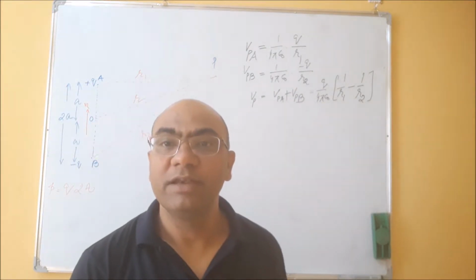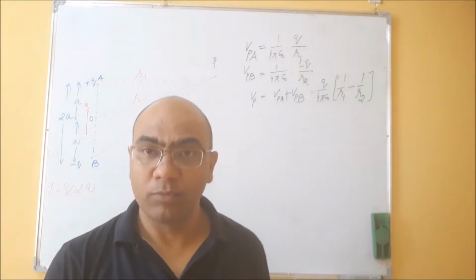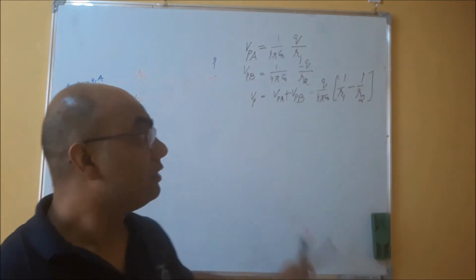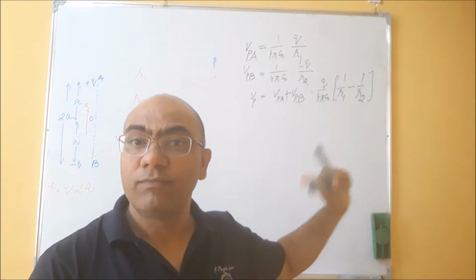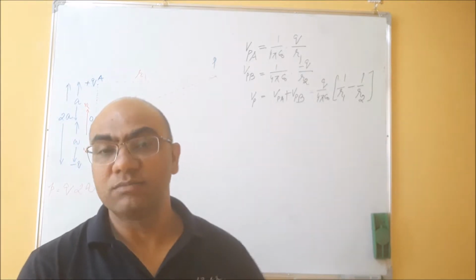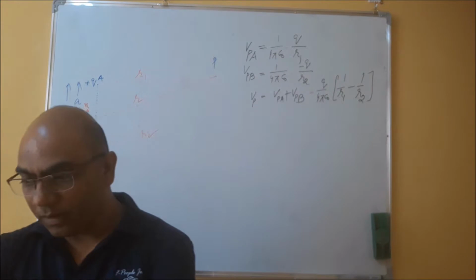Now normally we define the distance from the center of the dipole, which is R. This formula is okay, but we want the formula in terms of this R rather than R1 and R2.